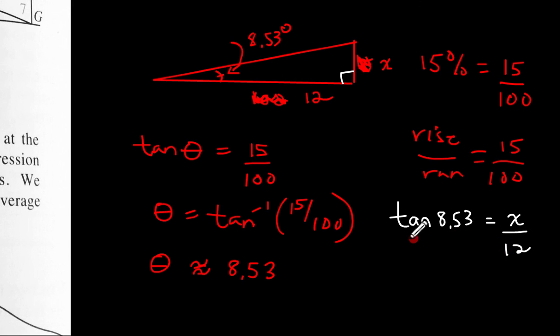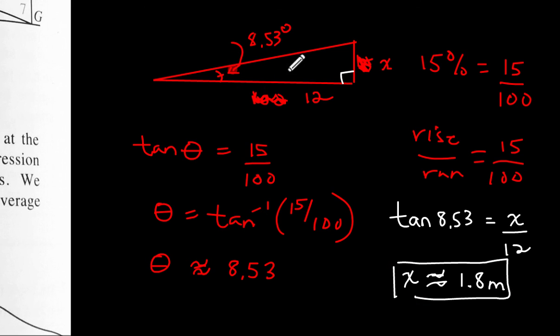On our calculator, we would say tangent of 8.53 times 12 equals x. And when we put that in our calculator, we would get x equals approximately 1.8 meters.